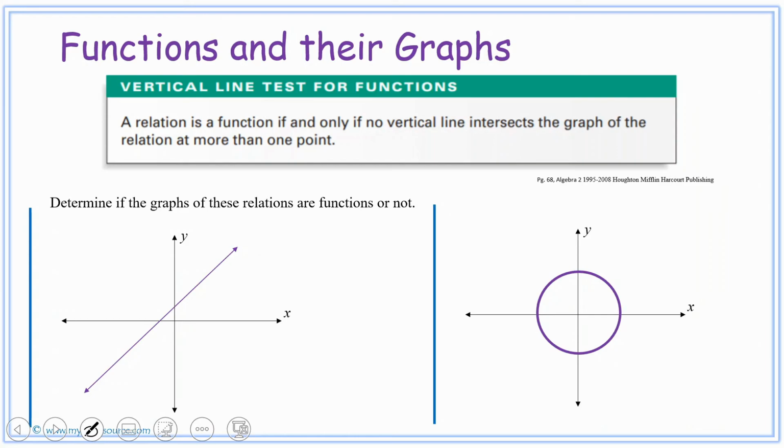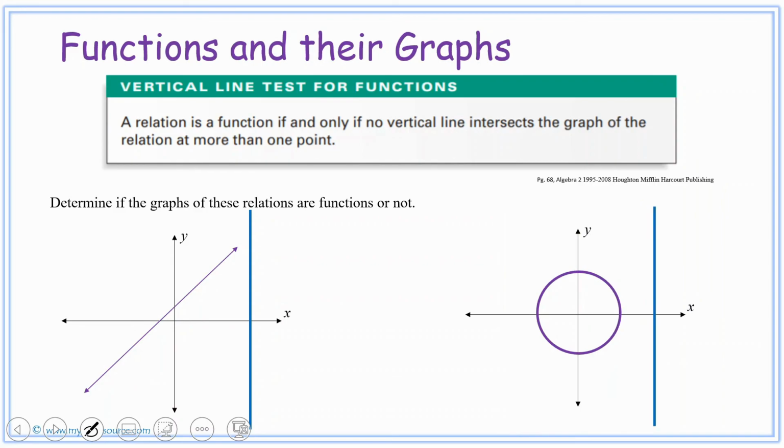So for these two graphs, as you see in the prompt, determine if the graphs of these relations are functions or not. So let's try the first one. If we run a vertical line through there, you see it only touches that graph at one point as it goes through the entire graph. How about the second one? Well, with the second one, as it goes through, you see it can touch at multiple points.